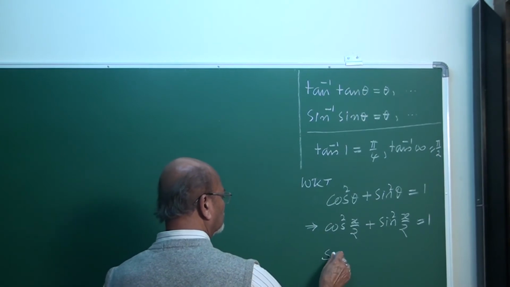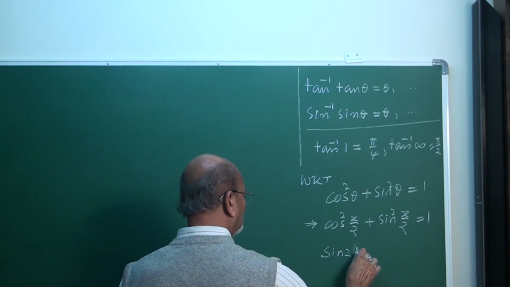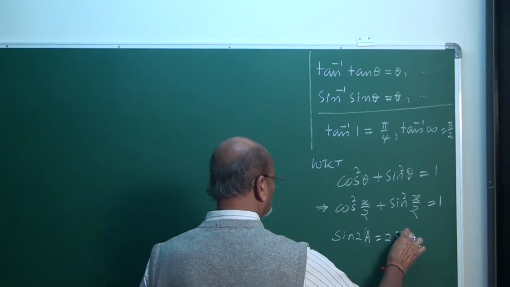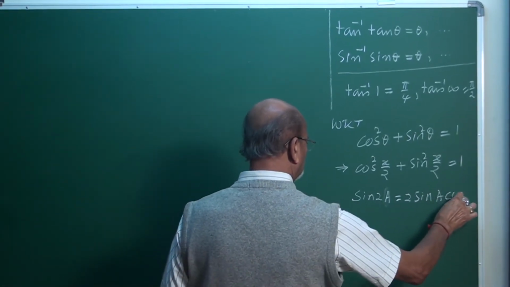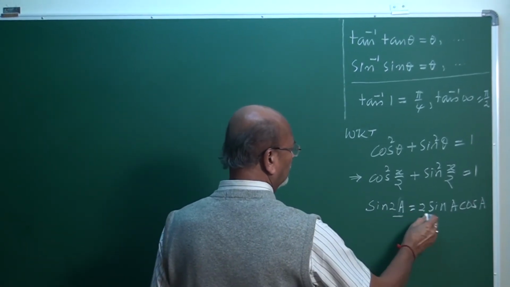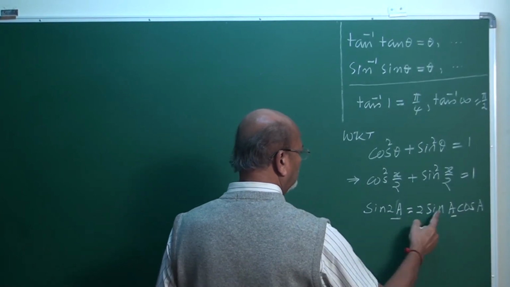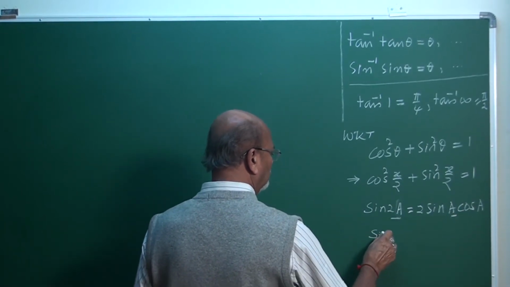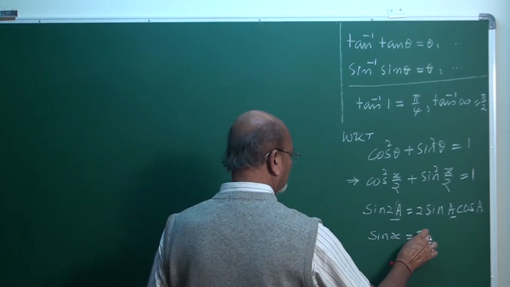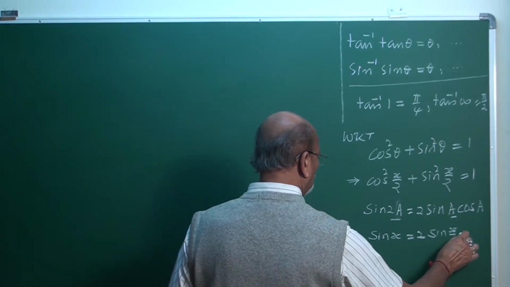Another formula is sin 2a, which is 2 sin a cos a. What is your observation? 2a becomes a, a becomes a by 2. Therefore, sin x can be written as 2 sin x by 2 into cos x by 2.